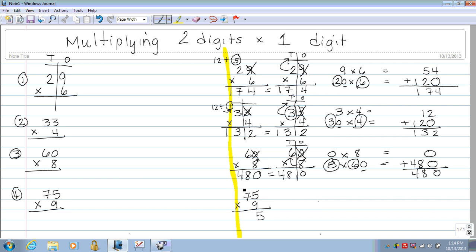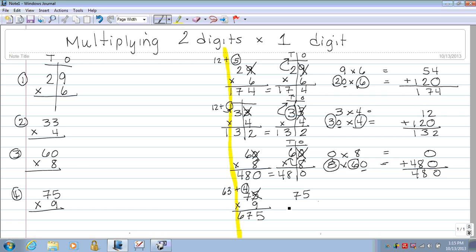I place my 5, I regroup my 4, and I'm going to cross out this 5 because I already multiplied the 9 times 5. Now I need to multiply 9 times 7, and 9 times 7 is 63. But I'm not done yet because I have 4 more that I need to add to 63, and 63 plus 4 equals 67. So the product is 675.